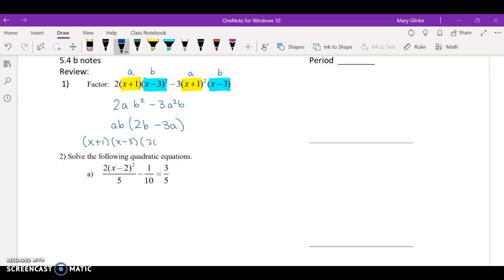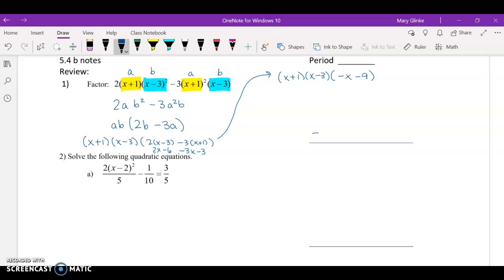So I'm going to continue to plug in x plus 1 and x minus 3 where appropriate, and then I'm going to simplify. So the first one remains x plus 1 and x minus 3. Inside here I'd have 2x minus 6 and negative 3x minus 3, so that would become negative x minus 9.